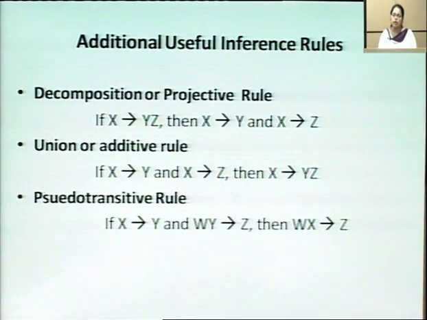The pseudo-transitive rule says that if X functionally determines Y and W union Y functionally determines Z, then we can infer that WX functionally determines Z.